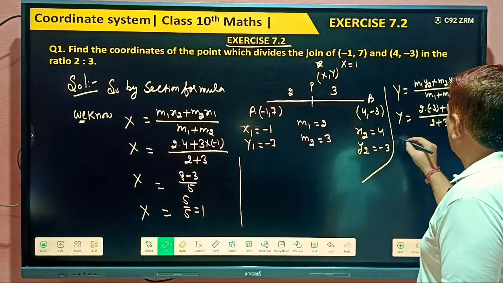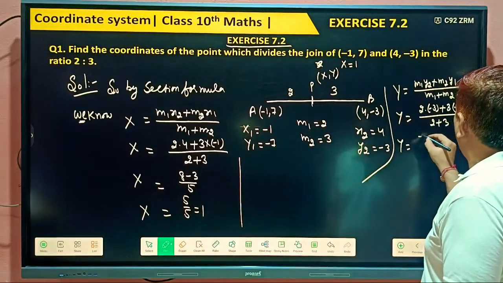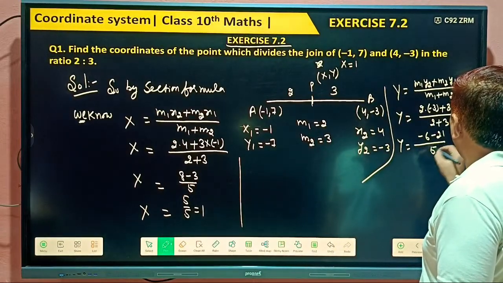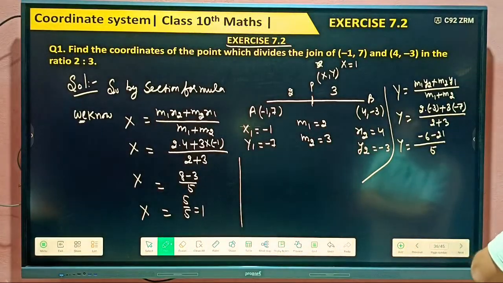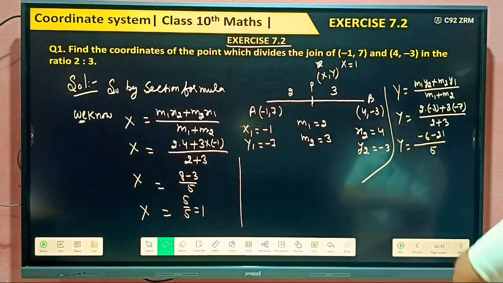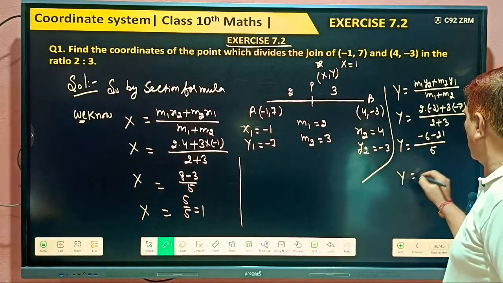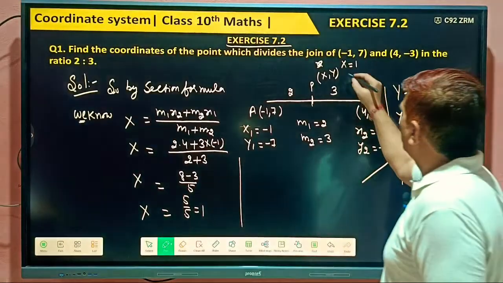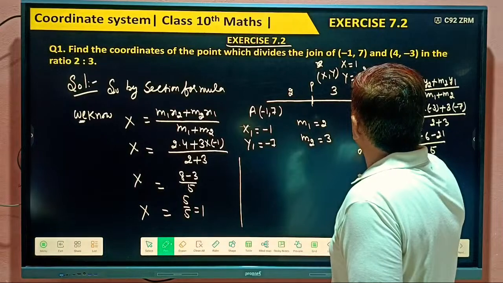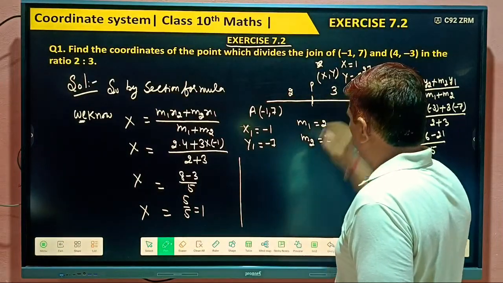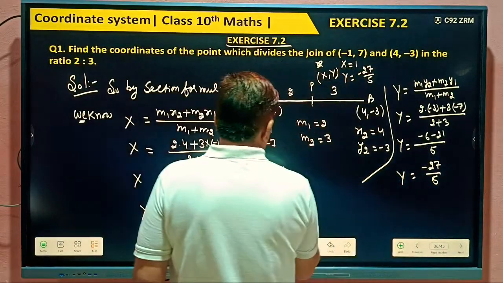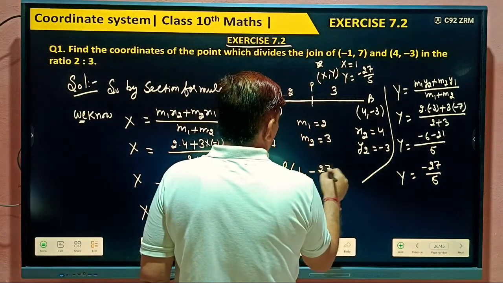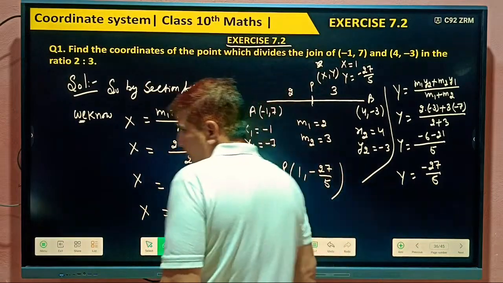Yes or no? So y equals -6 minus 21 by 5. 2 3s are 6, 7 3s are 21. So what's your y? y equals -27 by 5. So here y equals -27 by 5. So what are the coordinates of point P? They are 1 and -27 by 5.